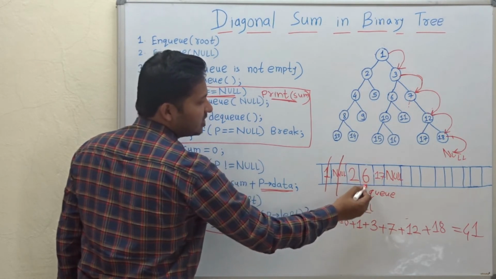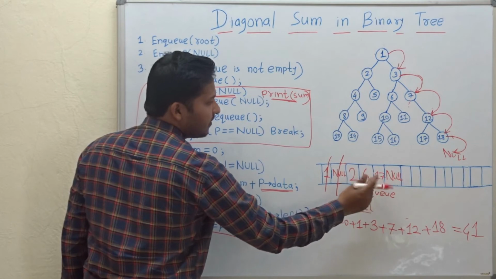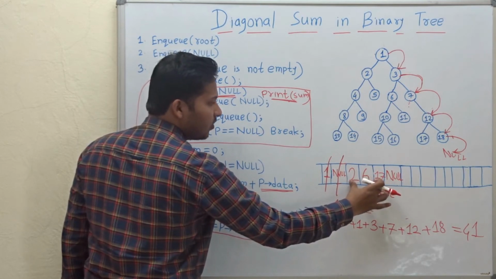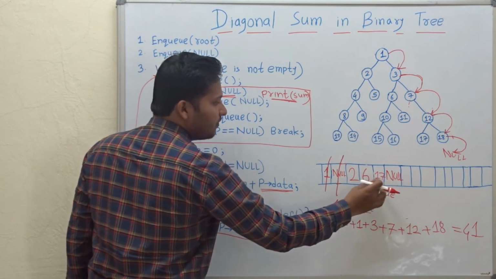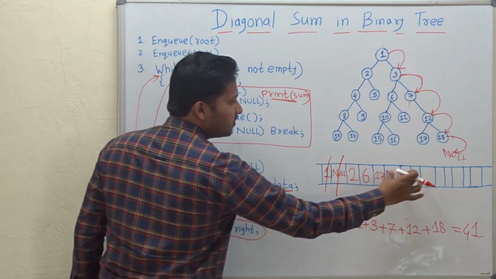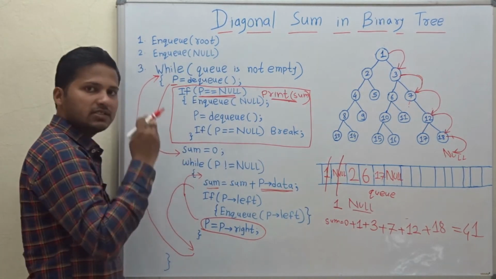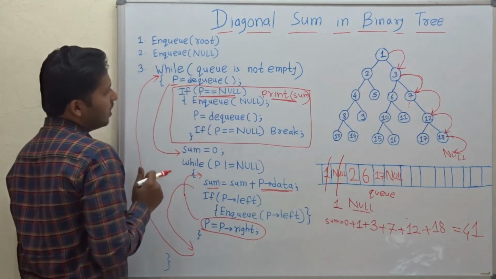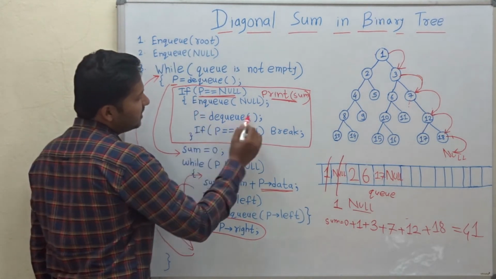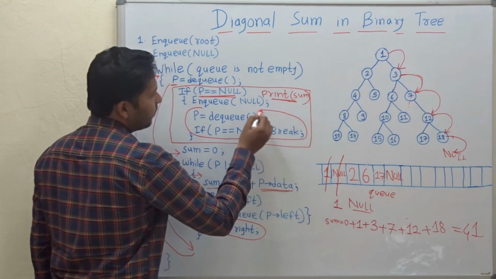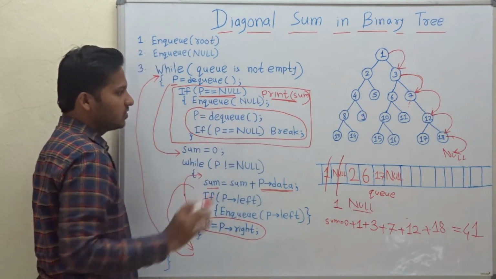All the right child series of 2, 6 and 17 will come in this diagonal, and this is the second diagonal. This null will differentiate this second diagonal from the third diagonal. So the null differentiates the diagonals. Now again P is equal to the dequeued node. This is the breaking condition of this code.